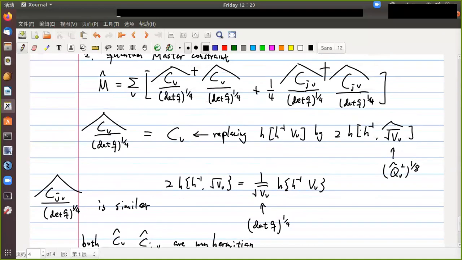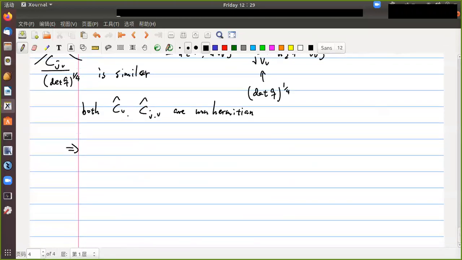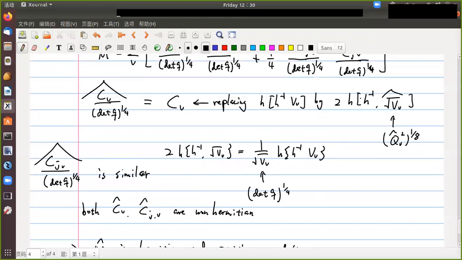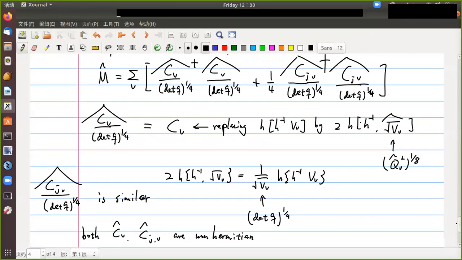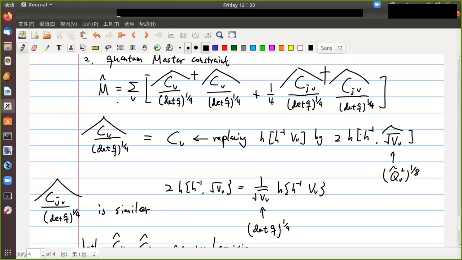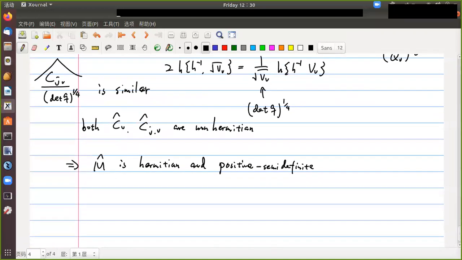When you write your master constraint as C dagger C, the result is Hermitian and positive semi-definite, because it is of the form C dagger C. From this expression, it is clear that firstly it is Hermitian: if you formally dagger this M, you just get the same operator. And secondly, why is it positive semi-definite?